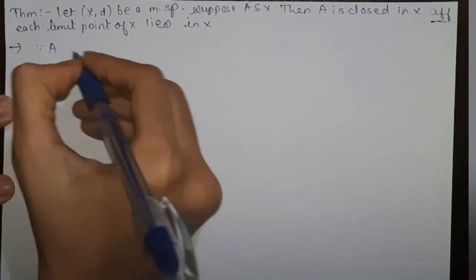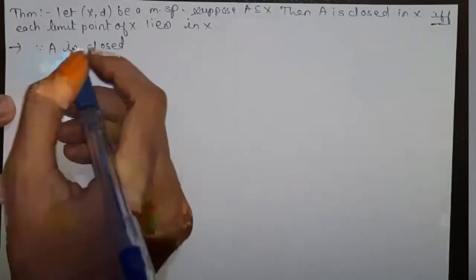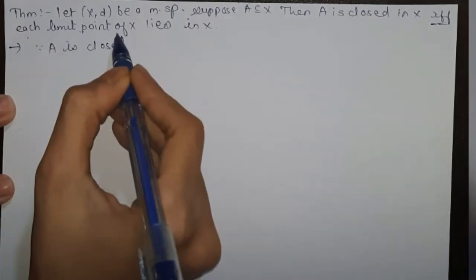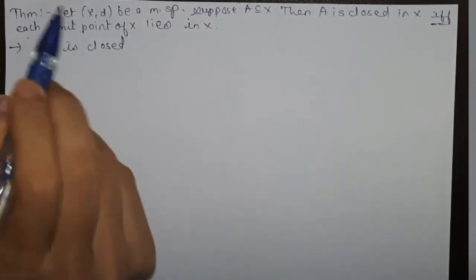Since A is closed in X, each limit point of A lies in A; this we have to prove.